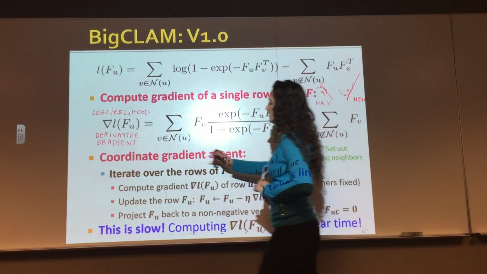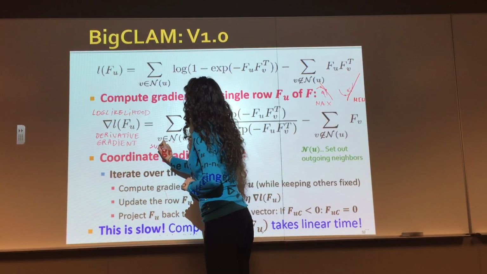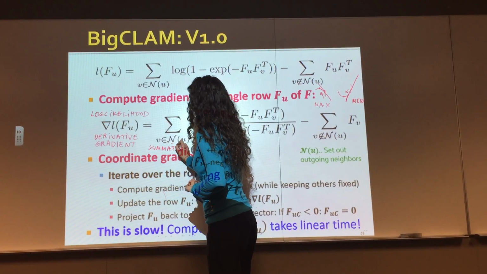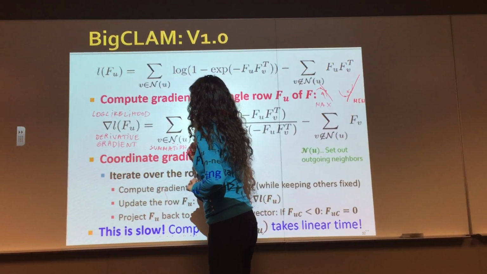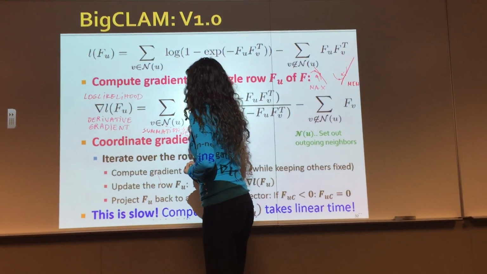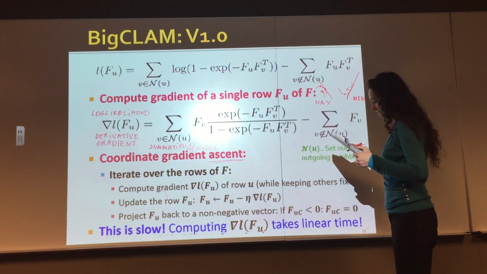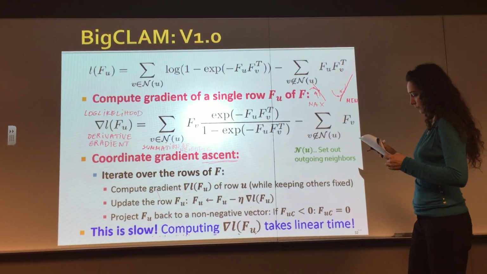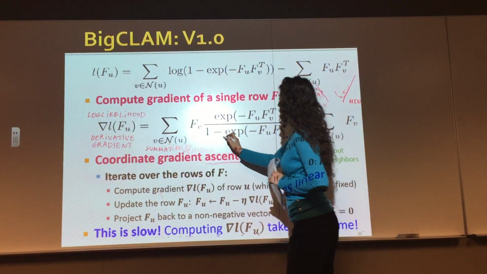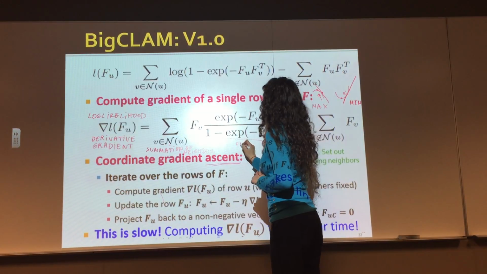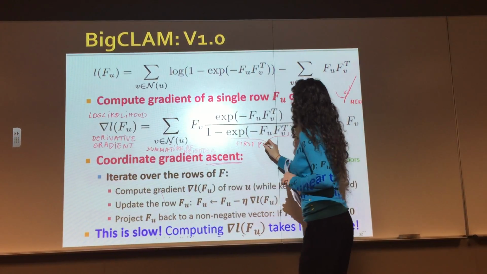This n here is all the neighbors. That is summation of all neighbors. This is the derivative of the first part of our equation.